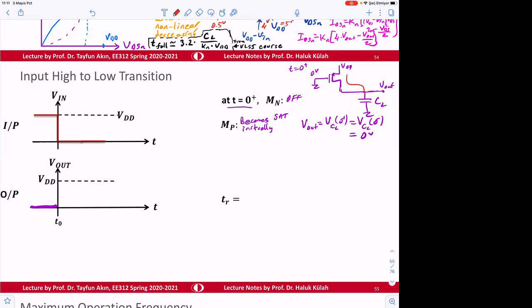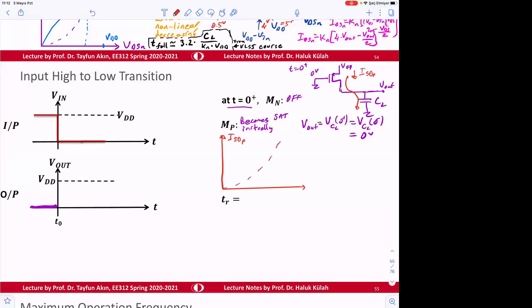So the device CL will be charged through here. And the same story will be also valid here for the current. Now this is I source to drain of P.